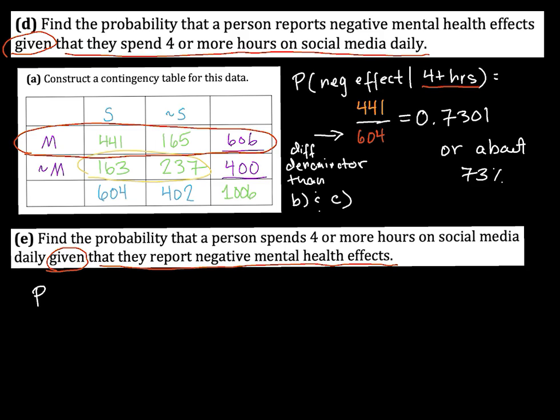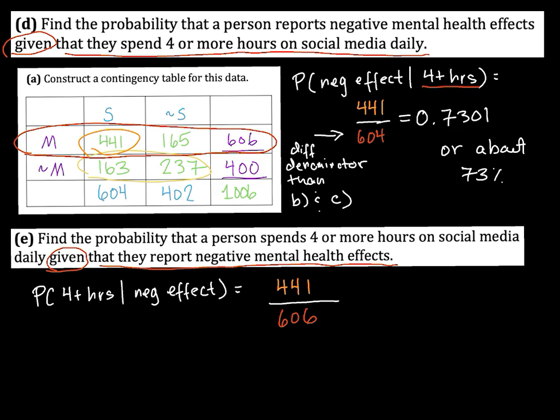So the probability of 4+ hours given negative effects equals, so the total number of people who experience negative effects is 606, and the numerator is the same, 441, because those are the people who spend 4+ hours per day.